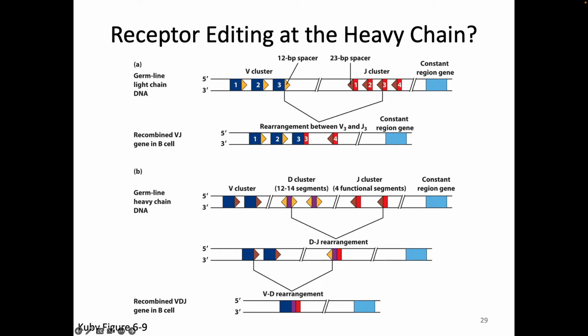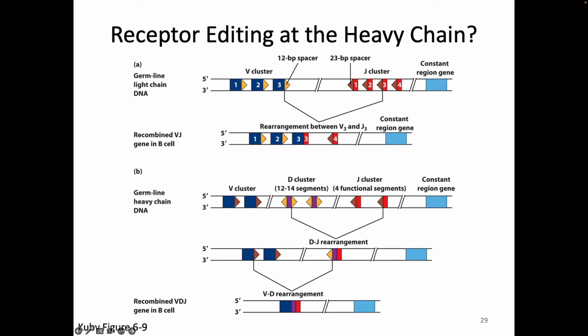So let's think about why we cannot receptor edit at the heavy chain based on what you can see here. In fact, this view of the light chain at the top is exactly the same one you saw in the receptor editing example here. But this is an example of a heavy chain. So there is a problem.